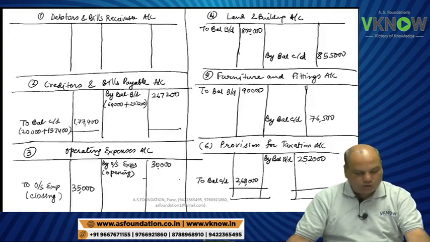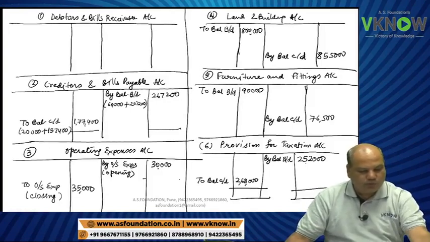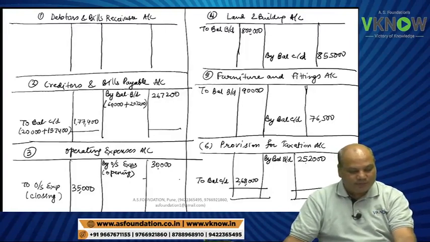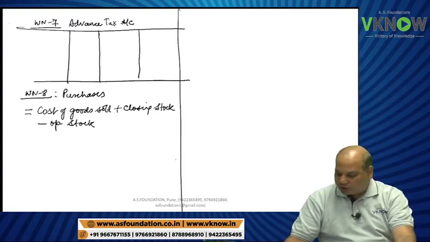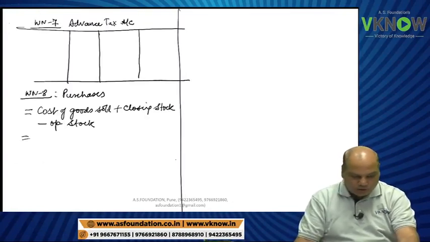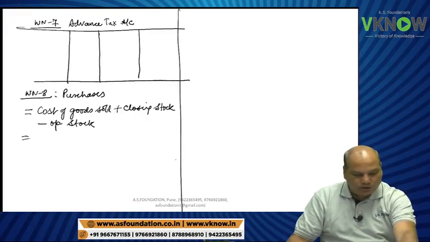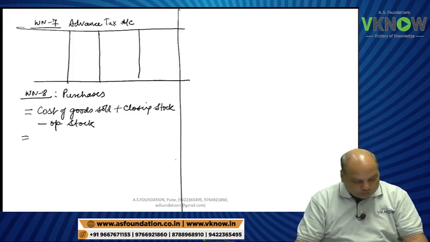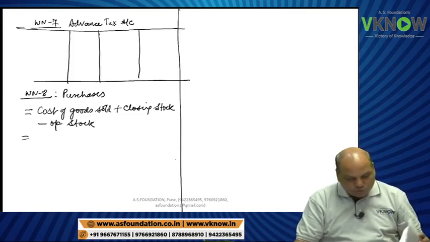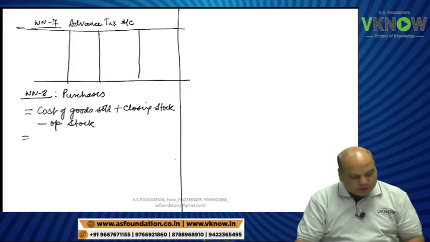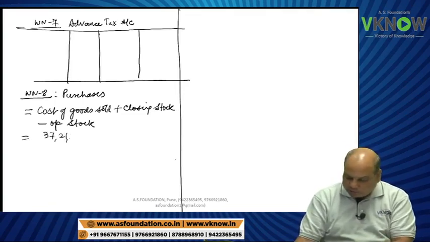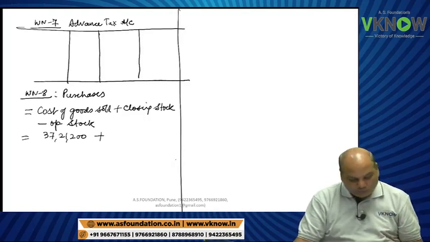What about stock? Stock will be used for calculating purchases, working note 8. Working note 8 will be cost of goods sold, P&L account second line, 37,21,200 plus closing stock.